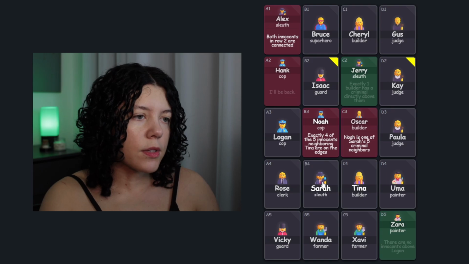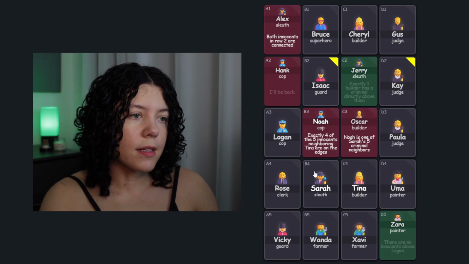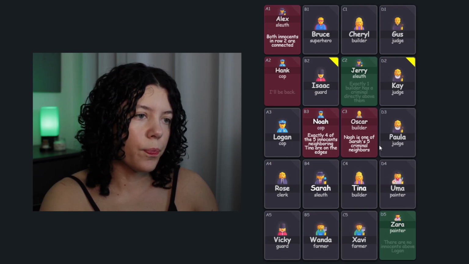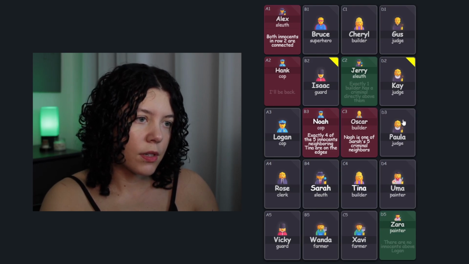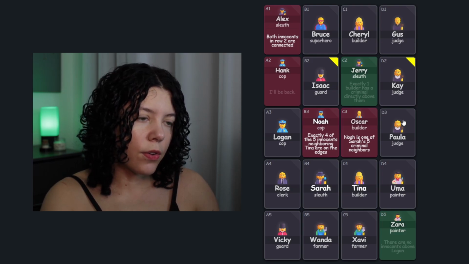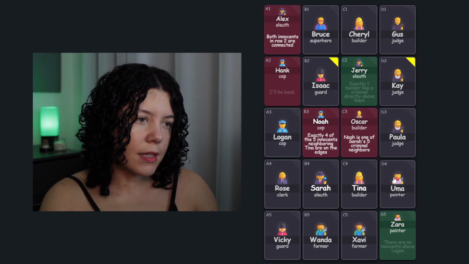Now Tina tells us that exactly 4 of the 5 innocents neighboring her are on the edges. Tina also has 8 neighbors total. 5 of them are innocents, and she has 5 people neighboring her on the edges, but only 4 of those people on the edges are innocents.